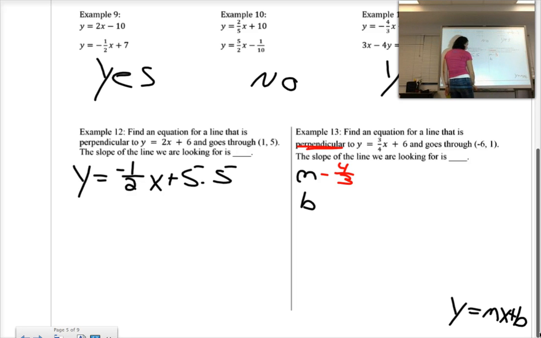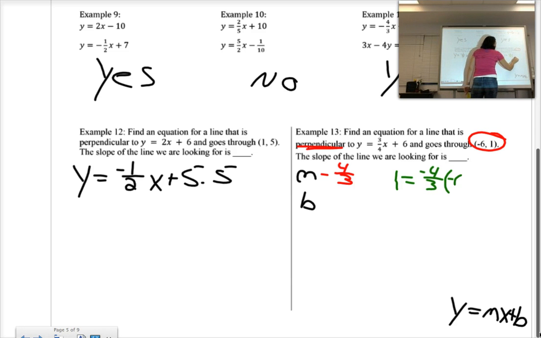We're going to use y equals mx plus b, and we're going to substitute in this x and this y to solve for b. So we have 1 equals my new slope, -4/3 times -6 plus b, because again, b is what I'm solving for.